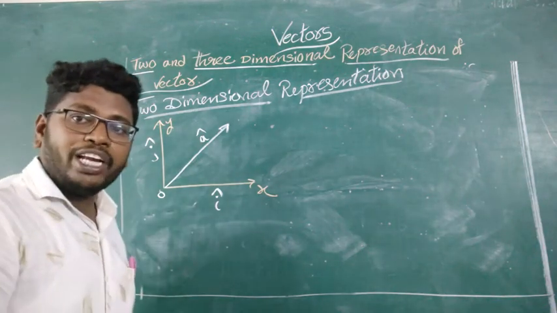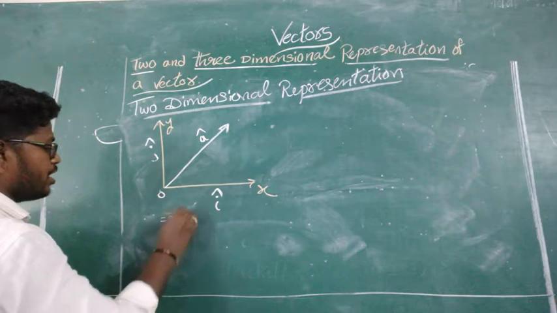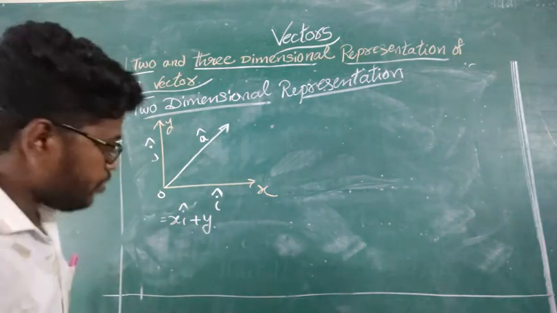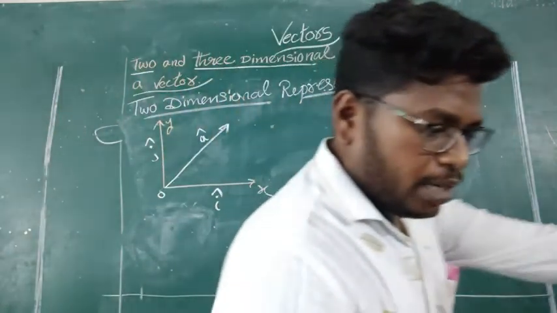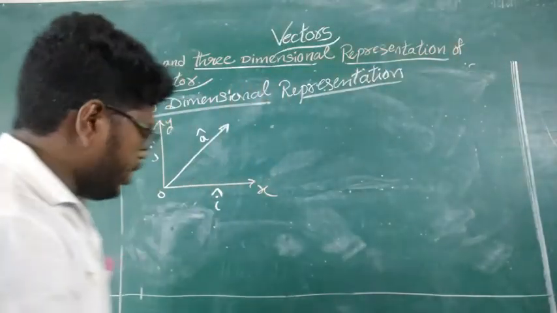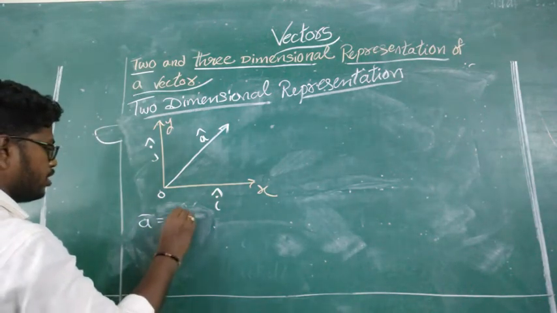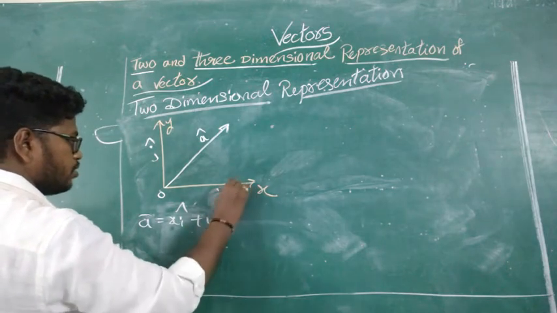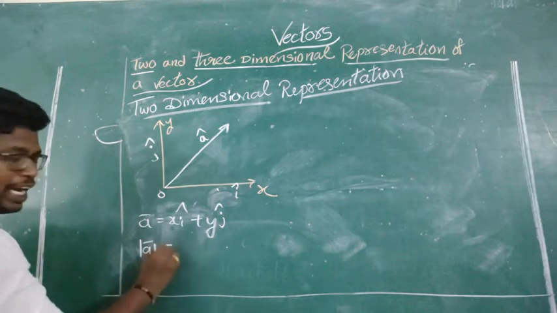Now, according to vector representation, a bar equals x i cap plus y j cap. And how should we write the magnitude?